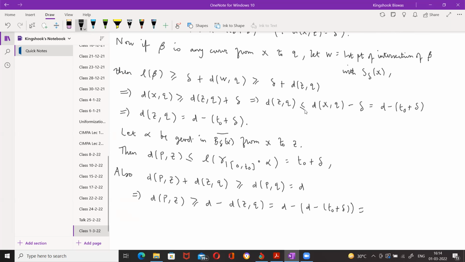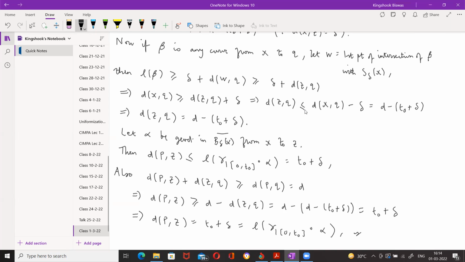So this becomes exactly equal to T naught plus delta, right? But that implies that dPZ is less than or equal to T naught plus delta and greater than or equal to T naught plus delta. So dPZ is equal to T naught plus delta, which is equal to the length of gamma restricted to 0 T naught dot alpha. So that means gamma dot alpha is a shortest length curve from P to Z, right?